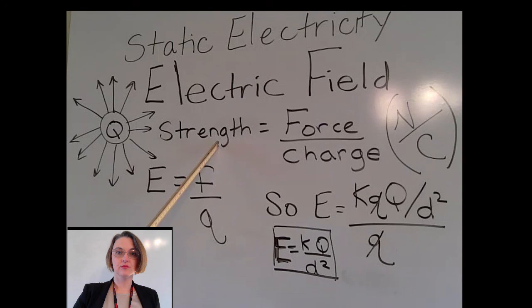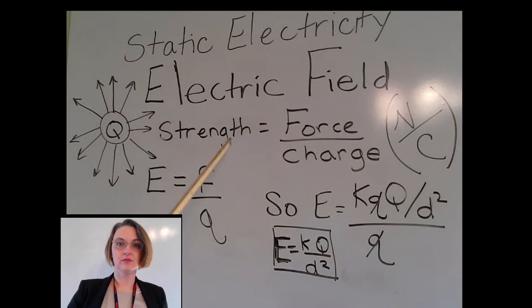We assume that a positive test charge, lowercase q, is placed in the field of a charged object, capital Q. The electric field strength is then measured to be equal to the force exerted by Q divided by the test charge, lowercase q.